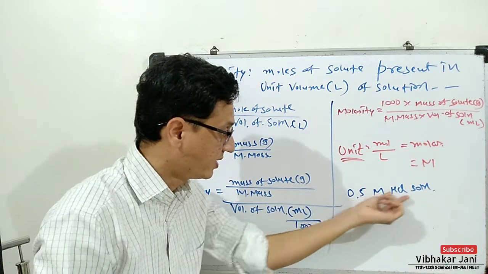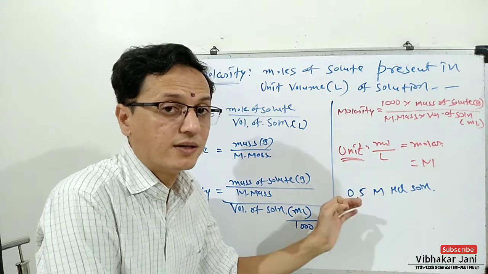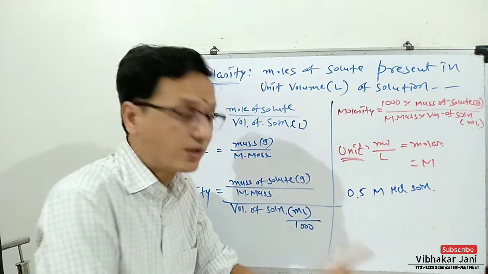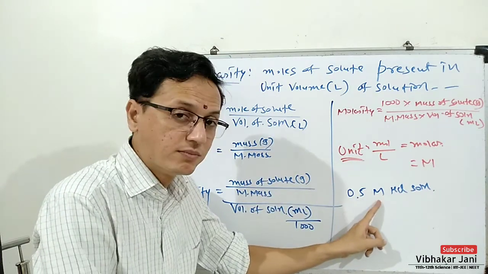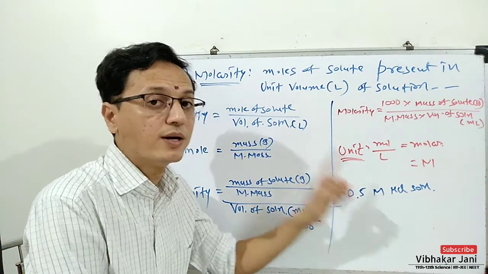That means the molarity of HCl solution is 0.5 molar. We have to speak molar. When 0.5 M is written, then it means it is 0.5 molar.